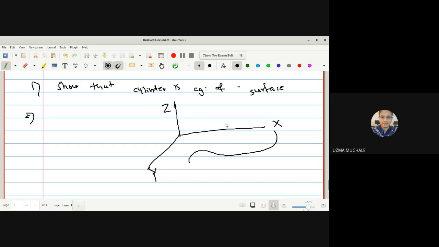No need to consider xy, you can consider xz or yz plane. You can consider any plane, with a curve in that plane. Instead of assuming any arbitrary plane, let us assume that I have a curve in the xy plane, and take a straight line on this curve.